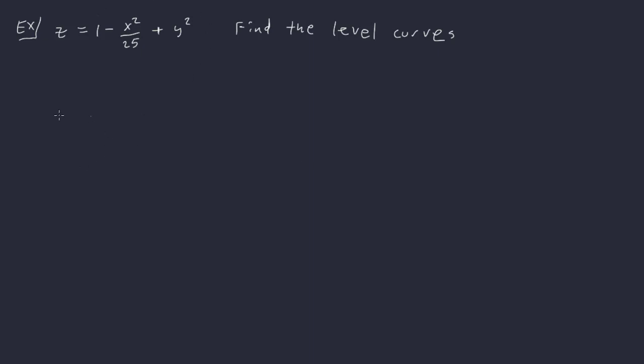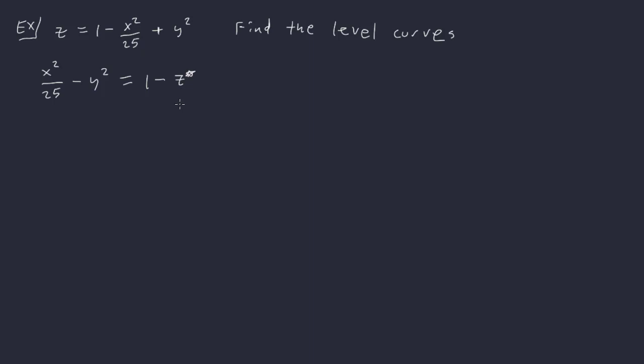All right, now what I like to do is, remember last time where we were just continuously solving this equation over and over again with a different z value? I'm going to go ahead and do that now. So I'm going to move these over to get x squared over 25 minus y squared is equal to 1 minus z star, because this is what I'm going to be plugging the z values into.